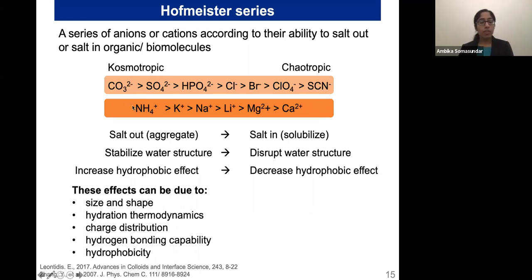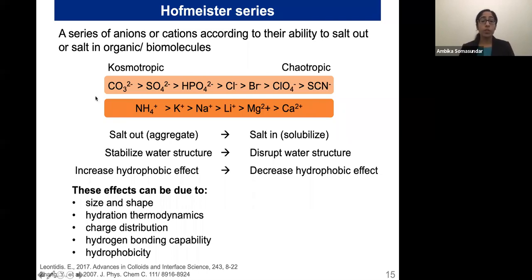Ions such as carbonate and ammonium have a good water structure, and they're able to aggregate proteins or biomolecules in solution. Whereas on the other side, ions do not have a good water structure, and they're able to increase the solubility of organic or biomolecules.